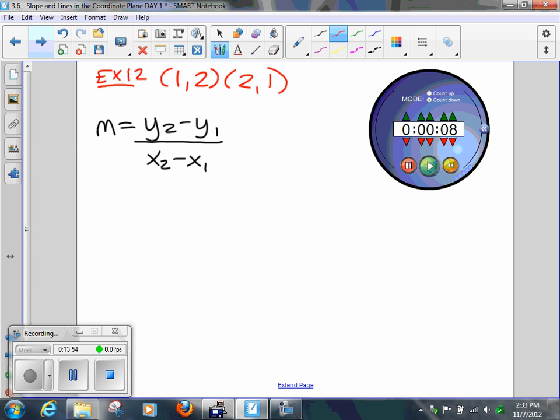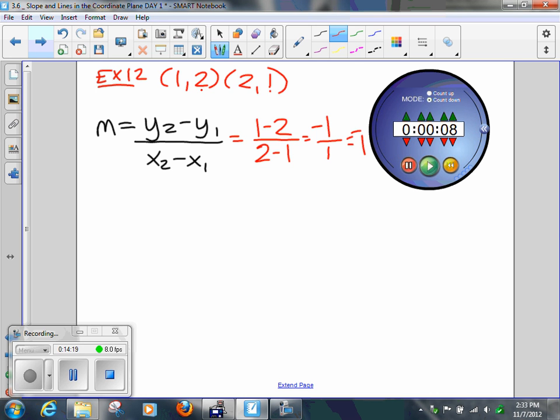Now, you go to example 12, and it's points 1, 2, and 2, 1. We got to find the slope. So I always start at the one on the right, and I'm going to have y minus 2 over 2 minus 1, which gives me negative 1 over 1, which is negative 1.